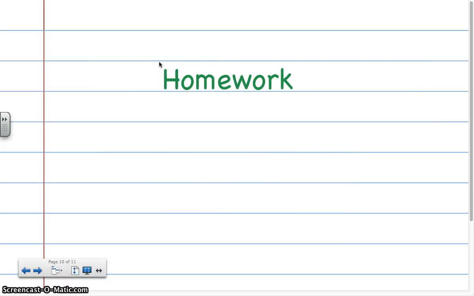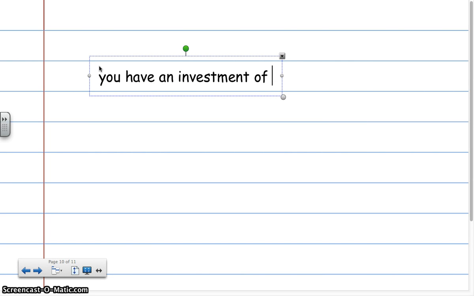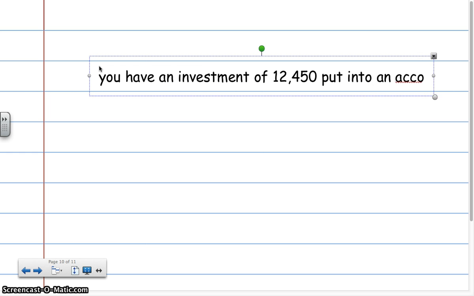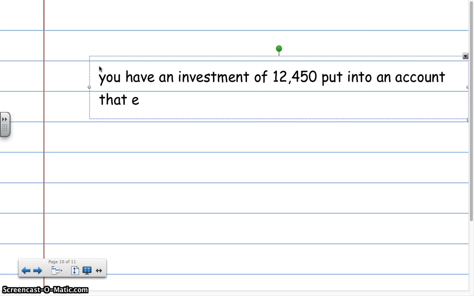Let's try one more. Here, I'll make one. You have an investment of $12,450 put into an account that earns 9% interest compounded quarterly.